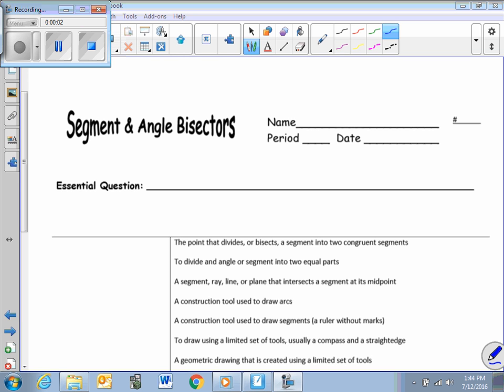Today's lesson is on segment and angle bisectors, and I think a good essential question for this lesson would be, what are segment and angle bisectors?